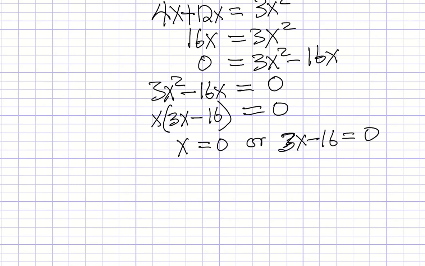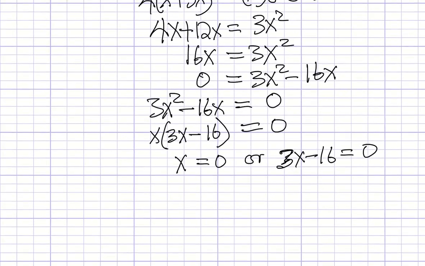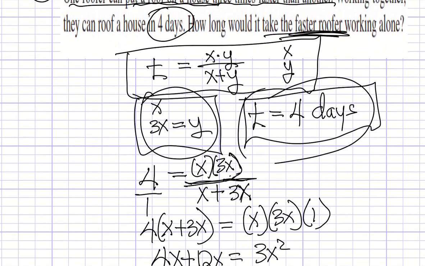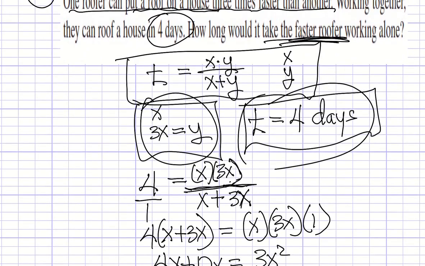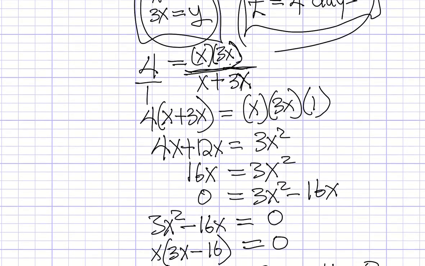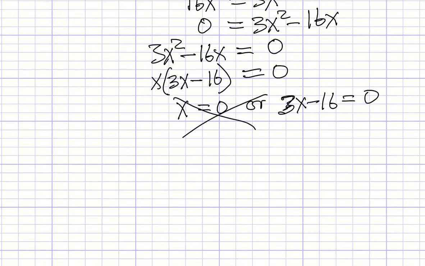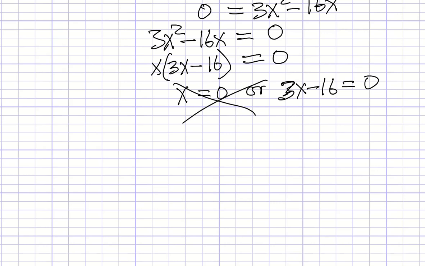See that, right? Time cannot be 0 here, so that doesn't work, because he can't take 0 time to do the work. There's no way he can do it in 0 time. If he does it in 0 time, then he didn't do any job. And we're talking about days now. So this is our solution here. Let's solve it out.